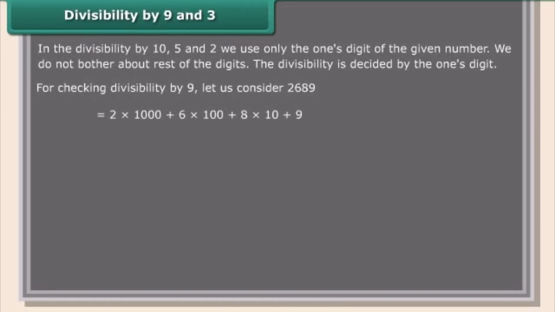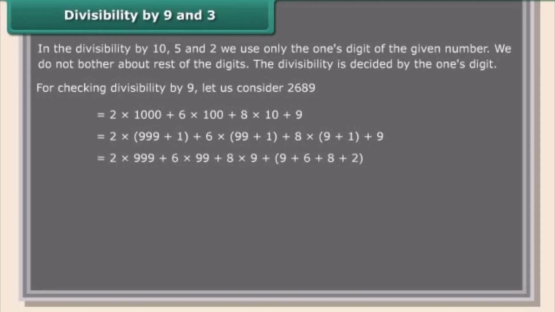2689 is equal to 2 into 1000 plus 6 into 100 plus 8 into 10 plus 9, which is equal to 2 into (999 plus 1) plus 6 into (99 plus 1) plus 8 into (9 plus 1) plus 9, which is equal to 2 into 999 plus 6 into 99 plus 8 into 9 plus 9 plus 6 plus 8 plus 2.